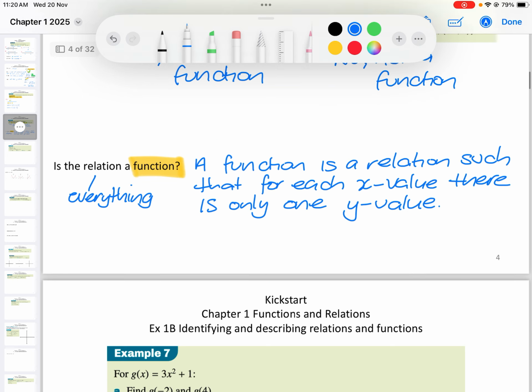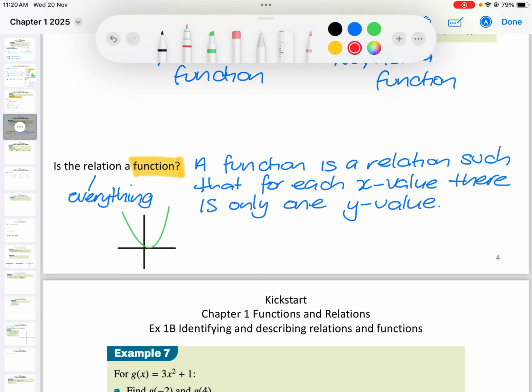So in terms of thinking of it as graphs, let's draw up some axes. If we have something like a parabola, it's always a good example, isn't it? Is it a function? For every x value, is there only one y value? Yeah, there is. But how do I know that?